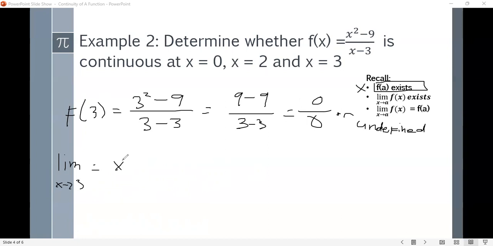So, meron tayo x squared minus 9 over x minus 3. So, factor out lang po natin yung x squared minus 9. So, meron tayong x both sides. So, meron tayong dalawang x.